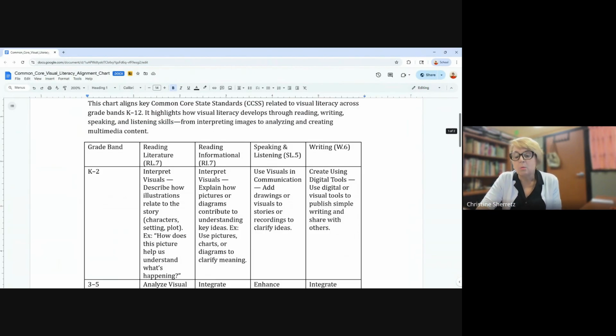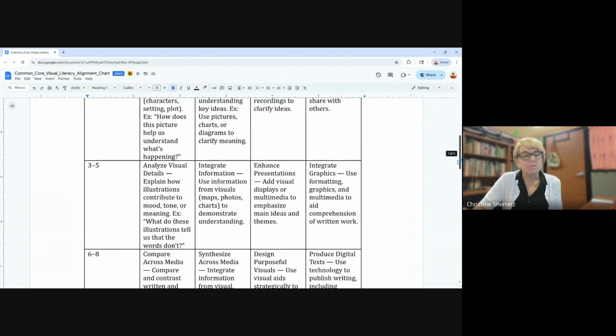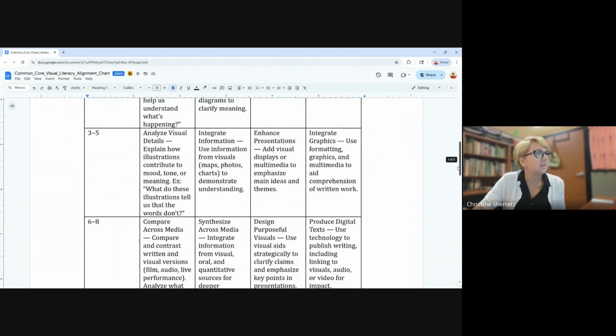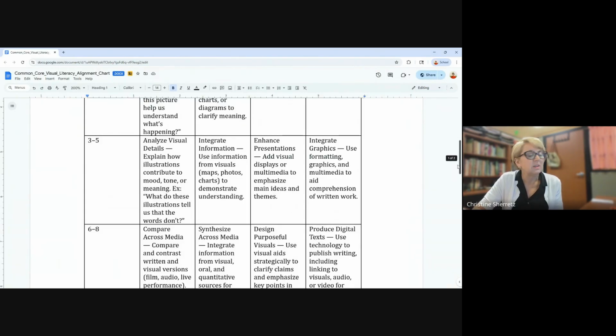And then last, writing. So we want them to be able to use digital visual tools to publish simple writing. That would be K2. In 3 through 5, when we get to literary text, we want the students to explain how illustrations contribute to mood, tone, and meaning.